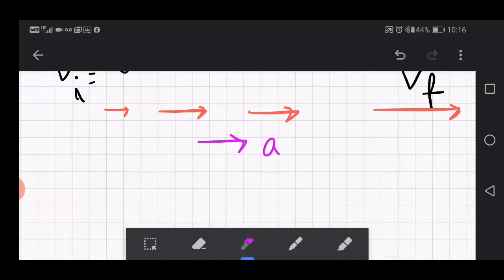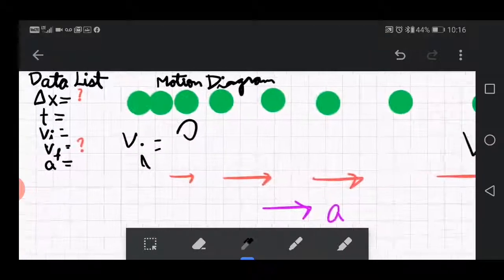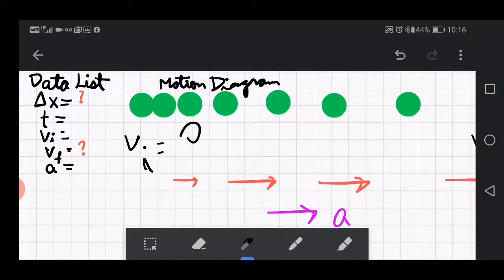Therefore, if you want to take a clear picture of what's going on with your solution, look at this. You have a data list over here, and you have a motion diagram. It might seem like a trivial thing, but the motion diagram is very, very important because it forces you to think on what the solution might be.